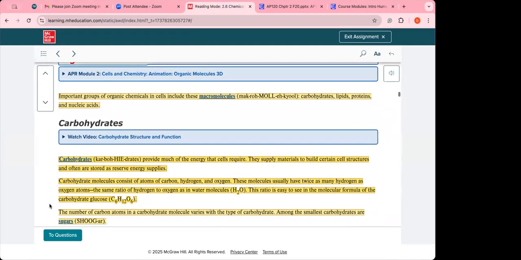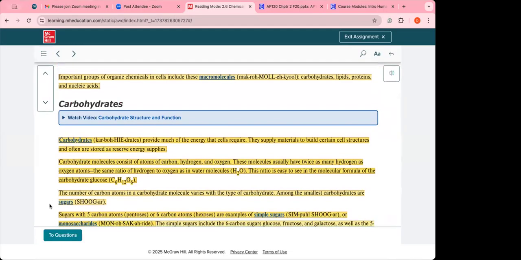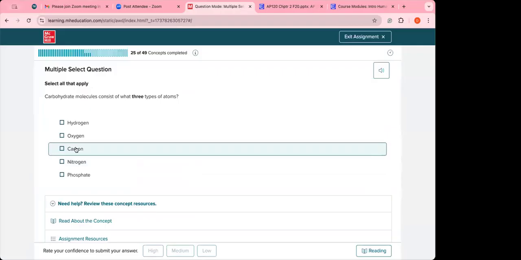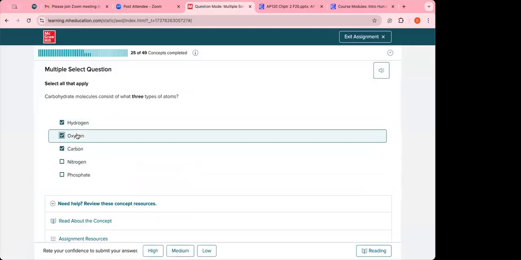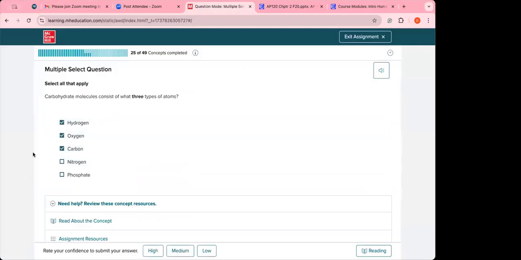Okay, so here it is. I'm reading the middle paragraph. Carbohydrate molecules consist of atoms of carbon, hydrogen, and oxygen. So carbon, hydrogen, oxygen. Very good.